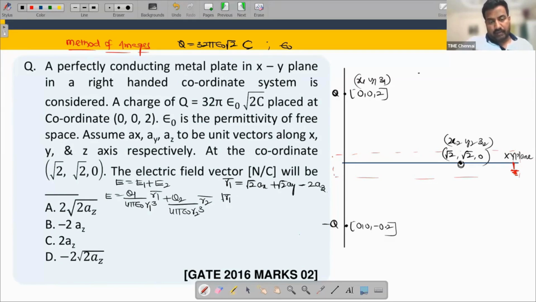Similarly, mod of R1 is under root of 2 plus 2 plus 4, that's root 8, which is 2 root 2.